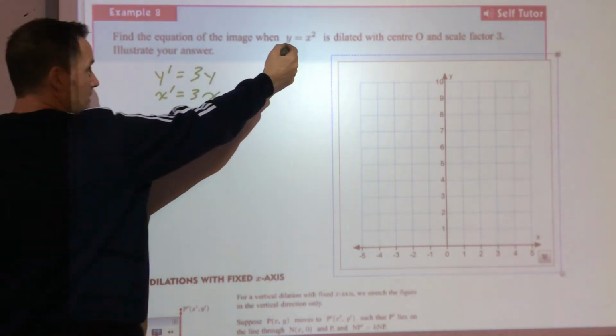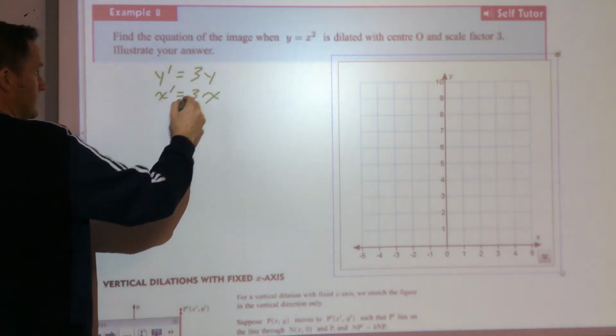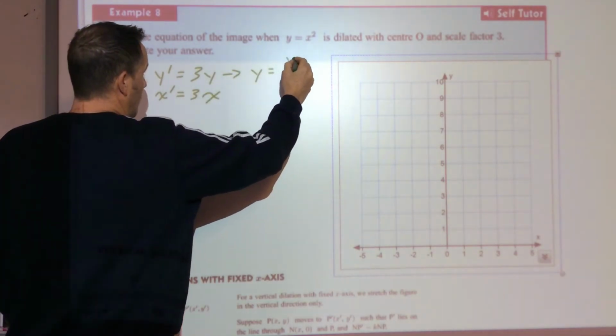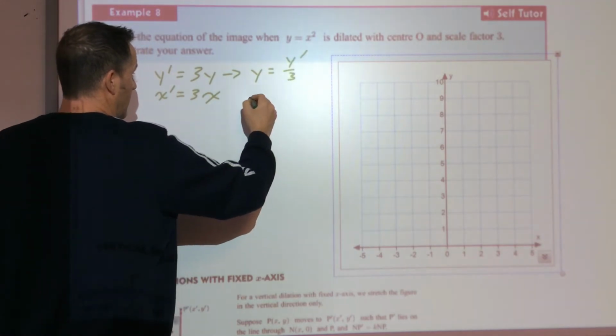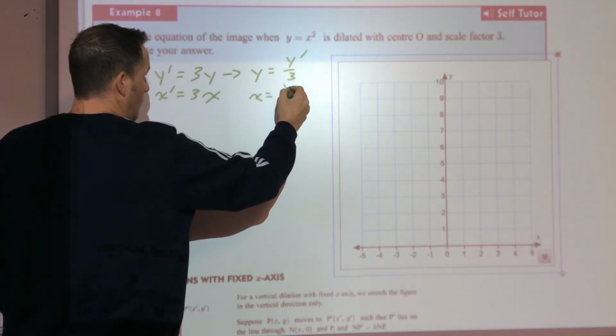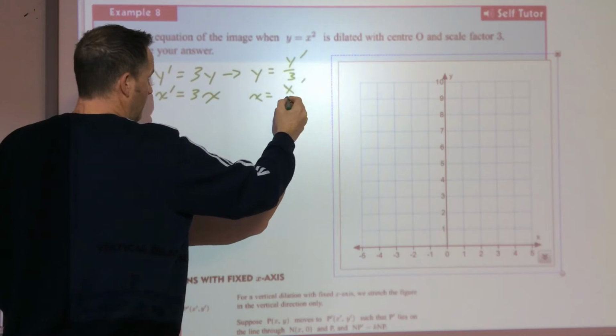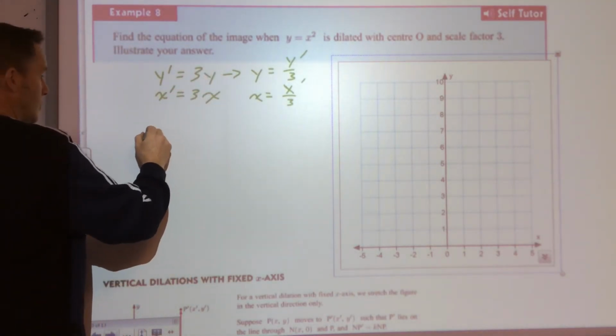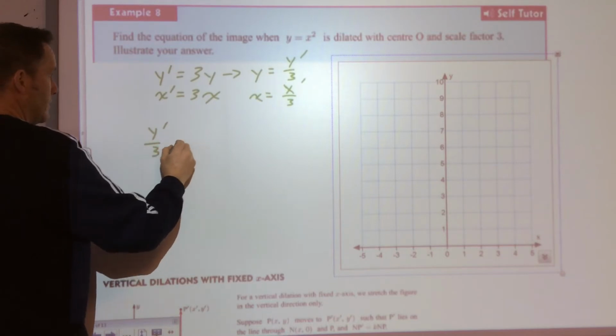But we want to replace x and y, so we get these. So that means y is going to equal y prime over 3, and x is going to equal x prime over 3.